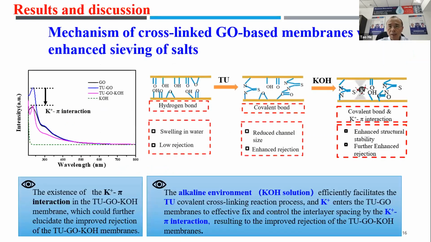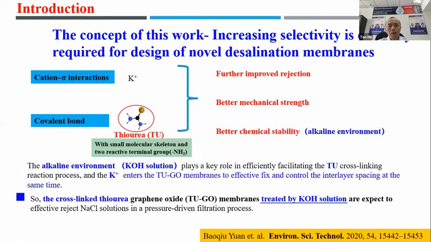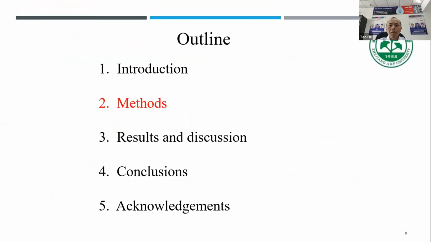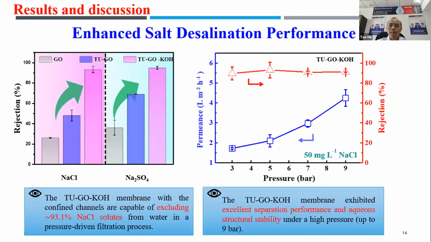While we are waiting for the questions, I have one remark on the membrane you just talked about. What is the stability of your membrane when you use strong acid to treat your membrane, to clean the membrane, or strong base to treat your membrane? The graphene oxide membrane was tested under the pressure of 9 bar.